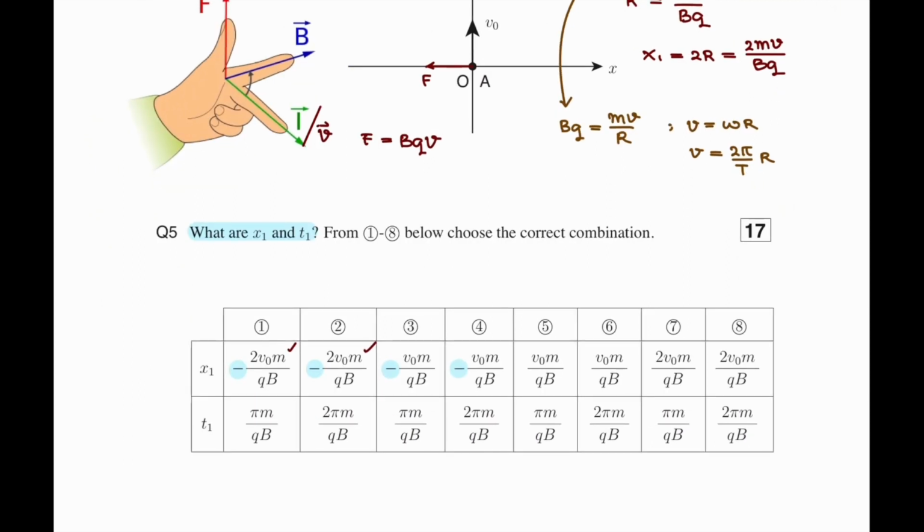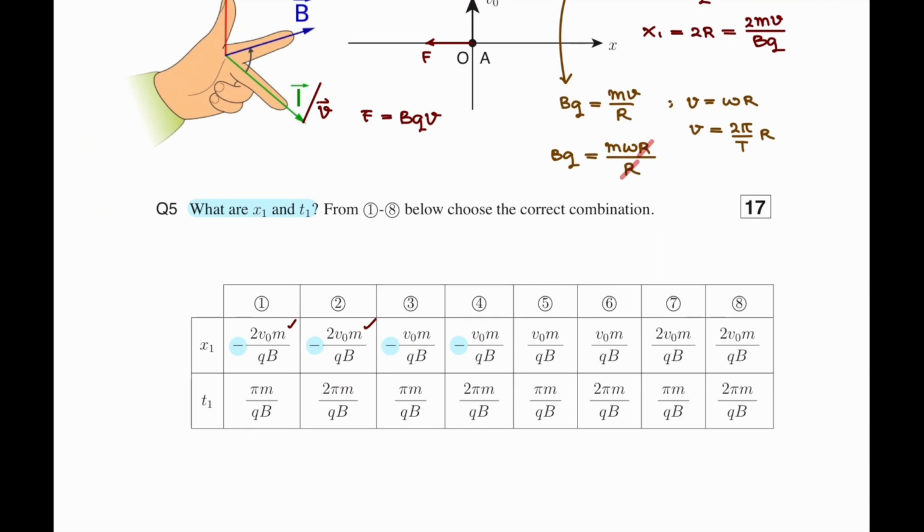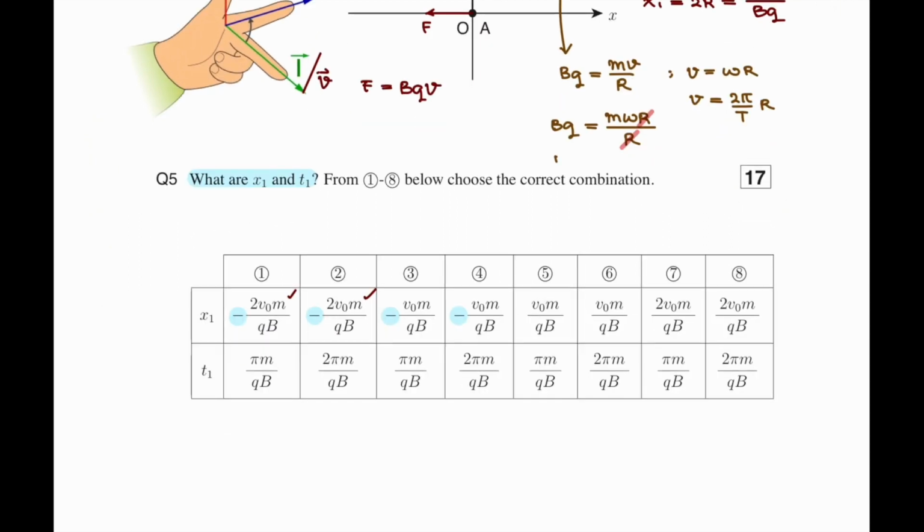If I substitute V by using omega R, I will get BQ equals to M omega R over R. As you can see here, I can cancel out the R. That means BQ is equal to M times omega.